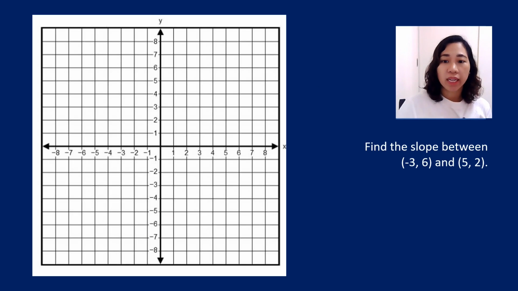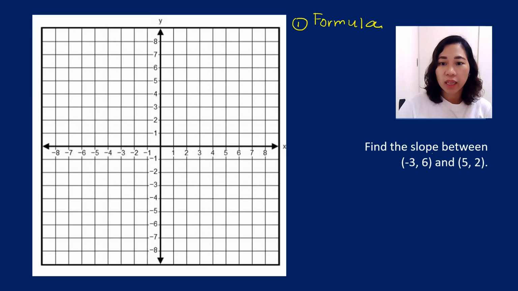Okay, let's have another example. This time we have negative 3, 6 and 5, 2. Let us compute the slope first using our formula.